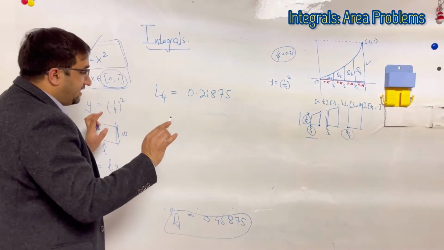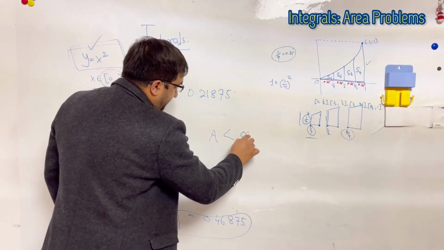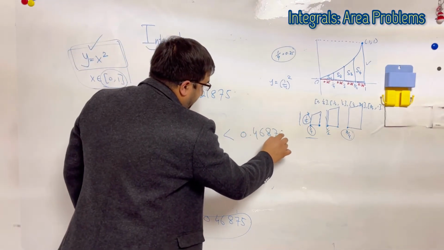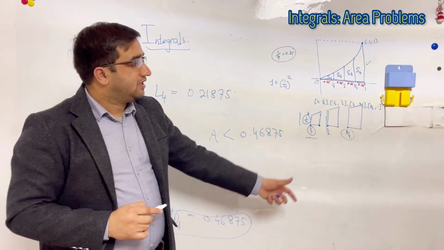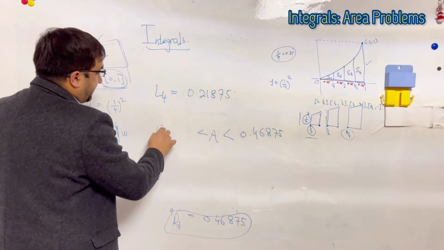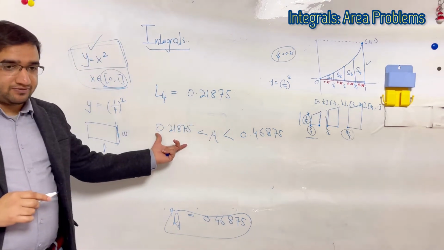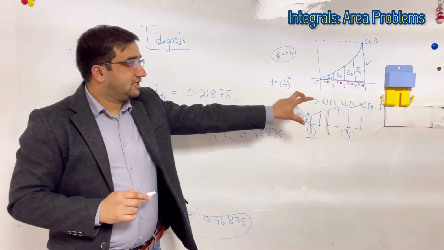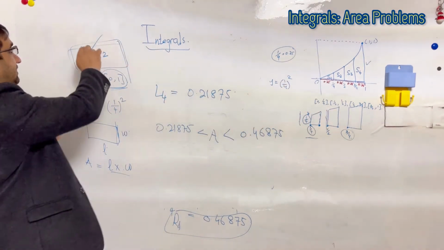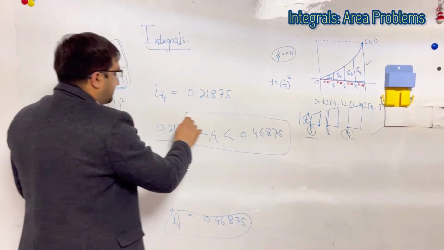So the area can only be between these two values. 0.46875 could be the maximum value for the area of this region, and 0.21875 can be the minimum value, for the parabola only.